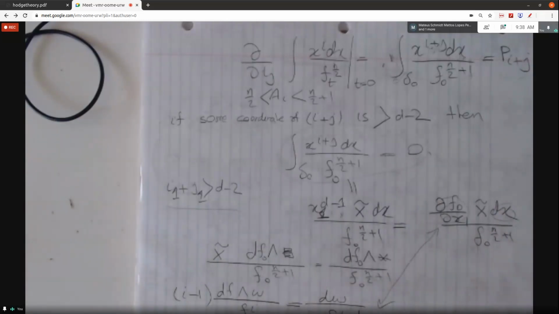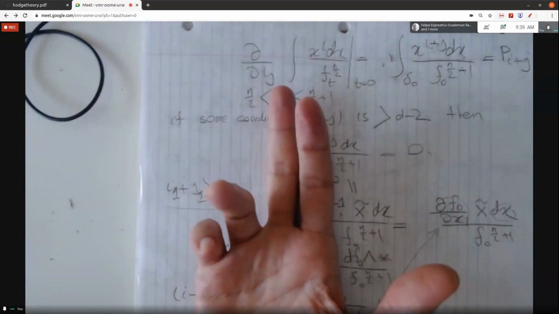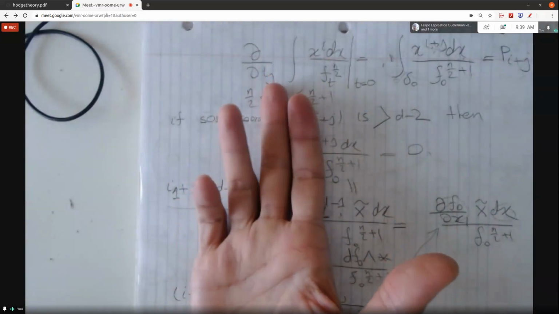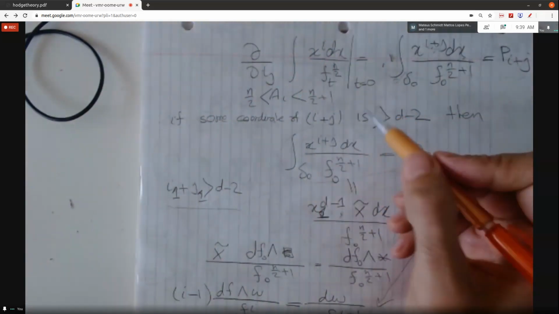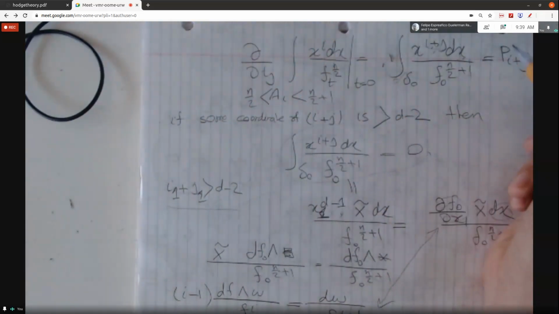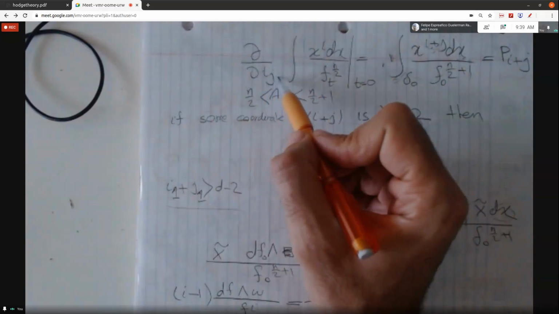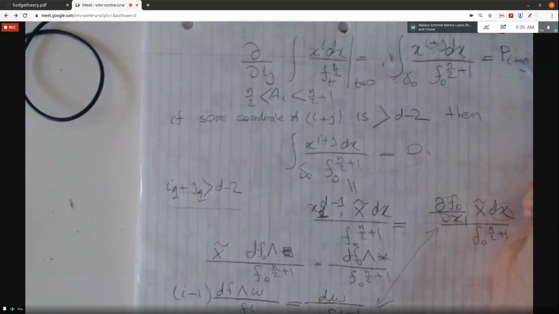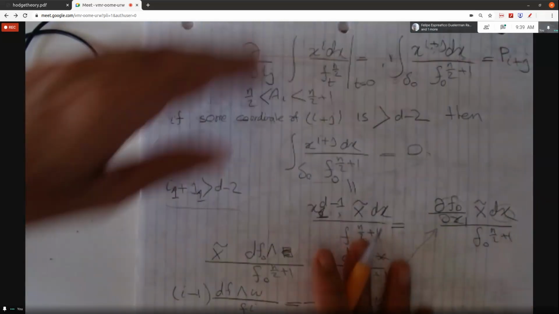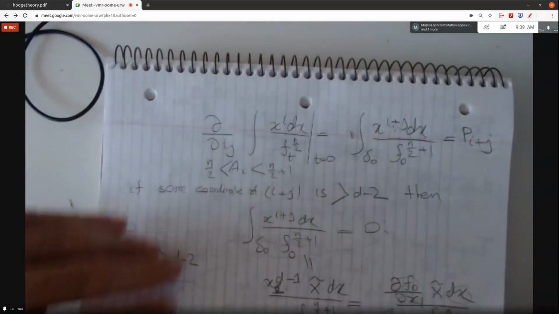Okay, so this is already done. Then we have computed the derivations of tj, these integrals. And we see that when we do derivation with respect to tj, we get a pi plus g, and pi plus g is 0 when one of the coordinates of I plus g is bigger than 1. So this means that, let's leave it.